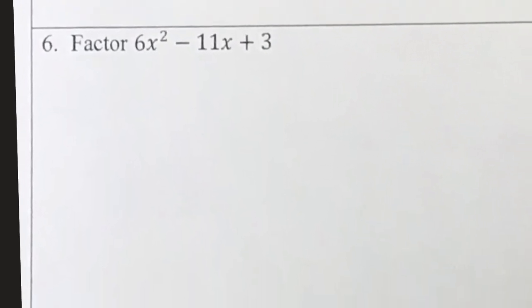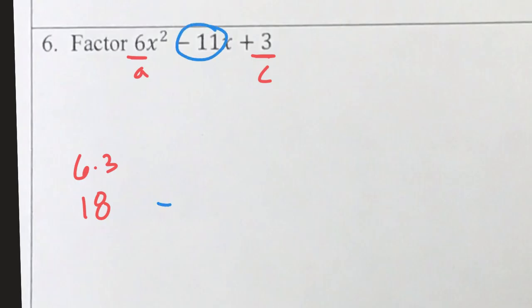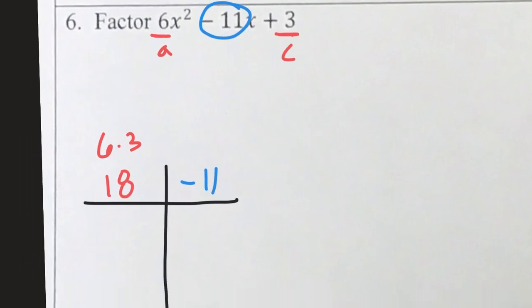Okay, our a value in this one is going to be 6 and the c is going to be 3. Sorry, that needs to be a c. So 6 times 3 is 18, and our b value is negative 11. So we're looking for numbers that multiply to give us 18 and add to give negative 11.